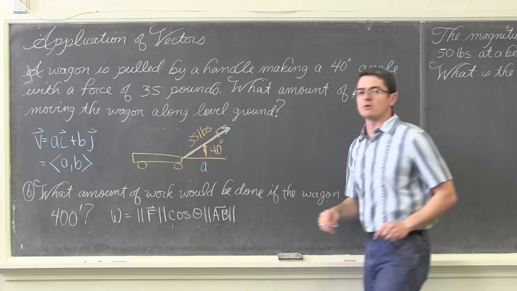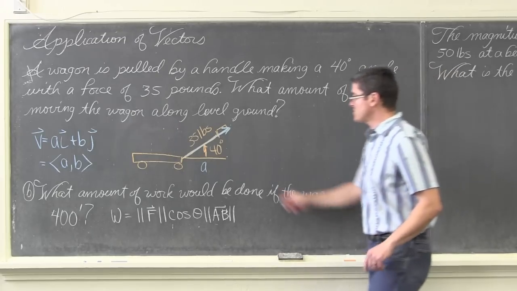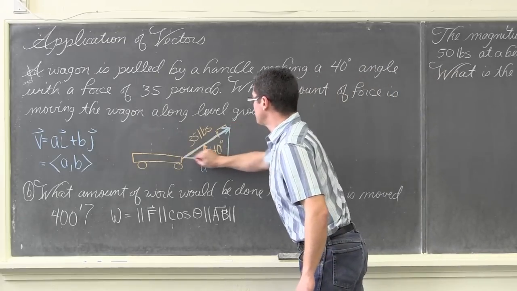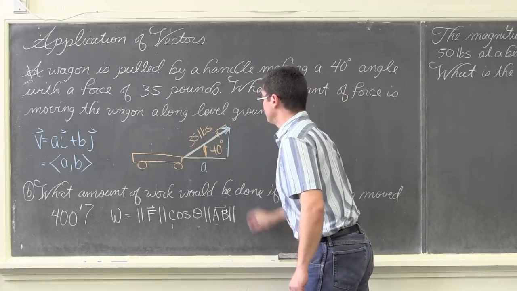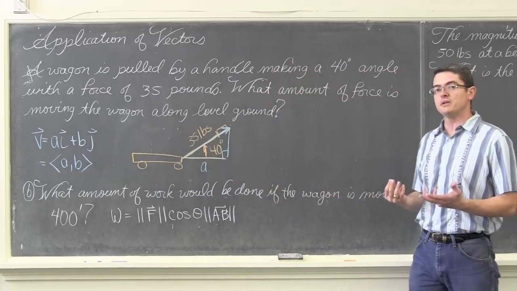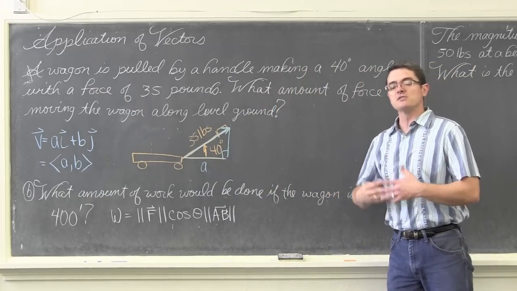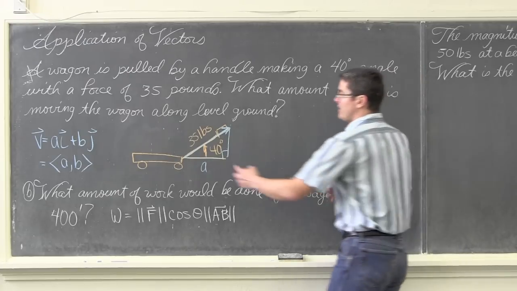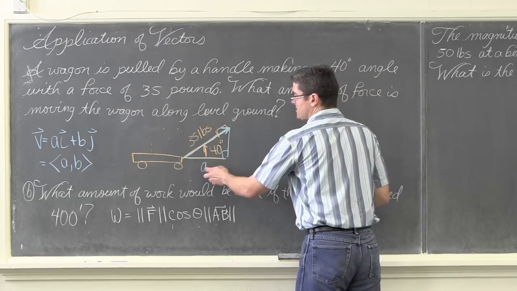How do you find the horizontal component? Well, this is just simply going to be a small right triangle. And so how do you find the sides of a right triangle? You just simply use SOHCAHTOA. Based on this angle, what do you want and what do you have?